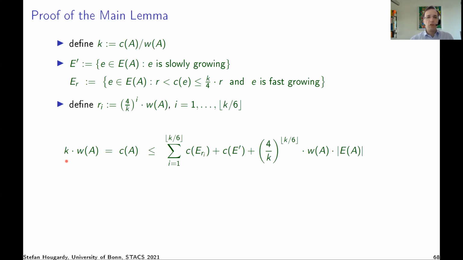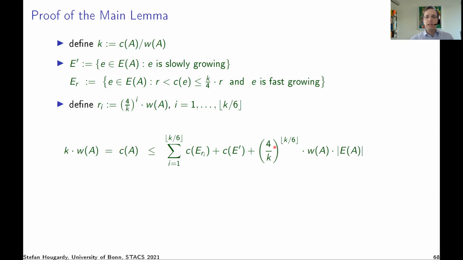So we know by definition, K times W of A is C of A. Now, what is C of A? That's the total C value of all the edges in our arborescence. So these are either edges which are fast growing and that we collected in these sets ERI, or edges that are slowly growing, which are in the set E prime, or edges which are fast growing and have a small C value, which are not covered by our sets ERI.